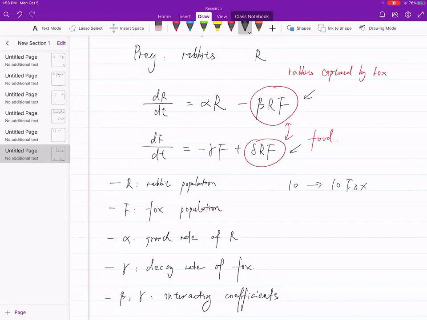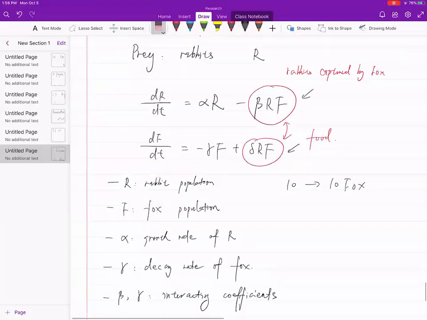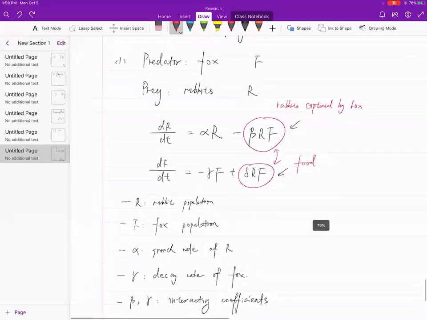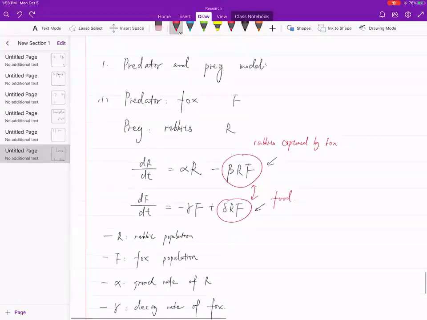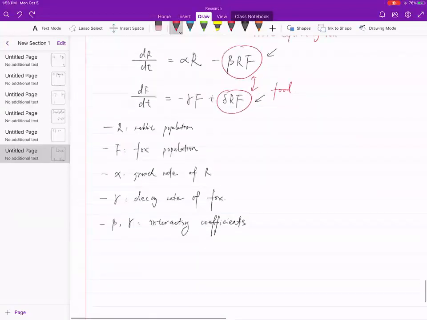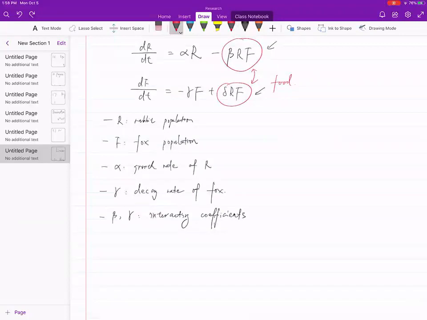That's why these two constants, even though they're both R times F, should have a different constant here and here, simply because the ratio is not 1-1. It may be 3-1 or maybe 5-1. Sounds good?